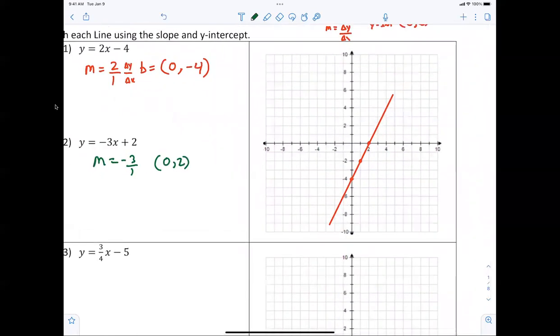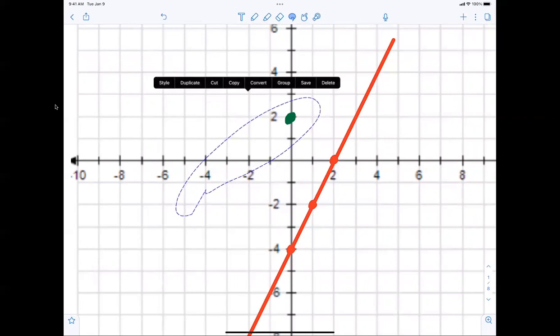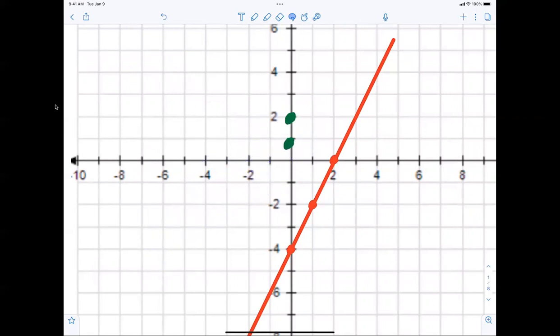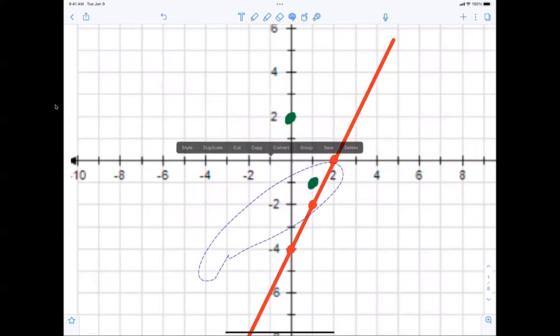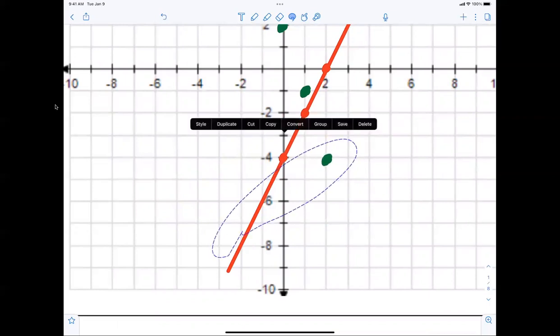And how do I plot the point? (0, 2), plot a point. Now, from that point, what do I do? Down 3, 1, 2, 3, to the right 1, and we have to do it again. Down 3 to the right 1.